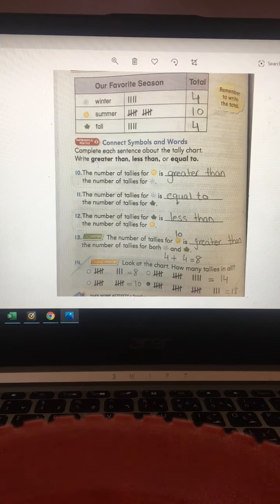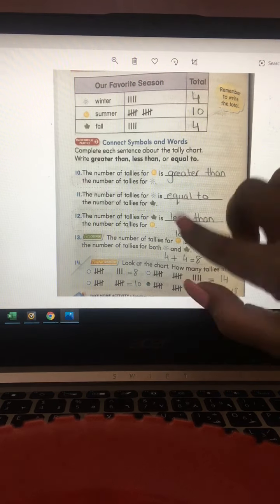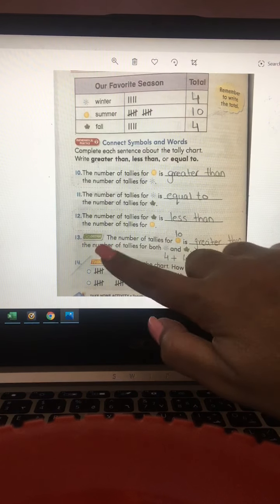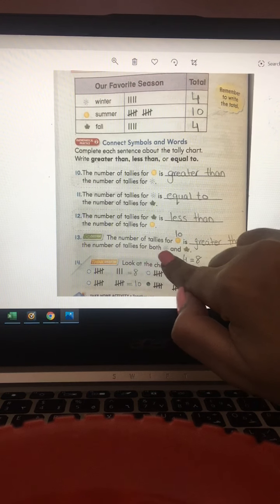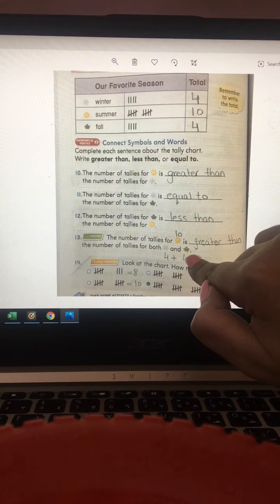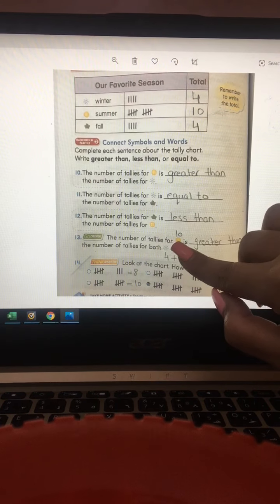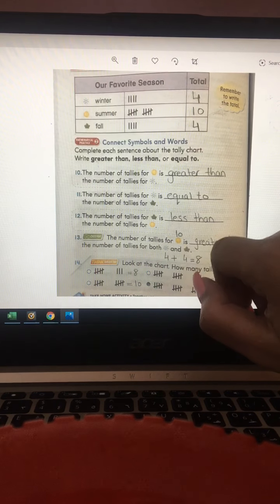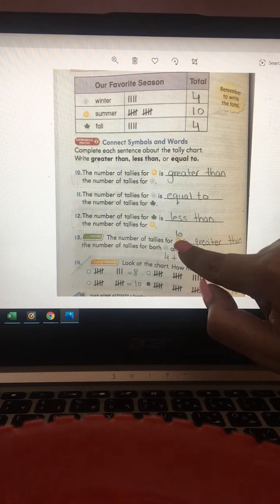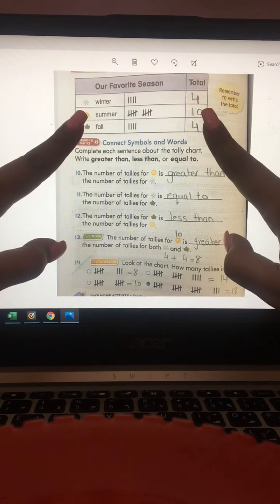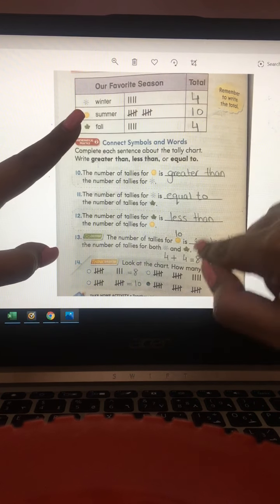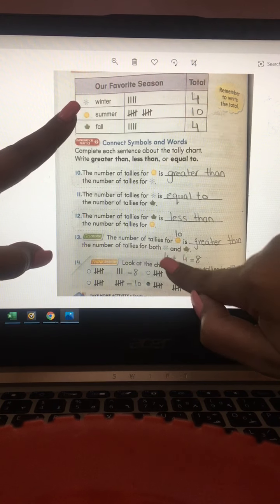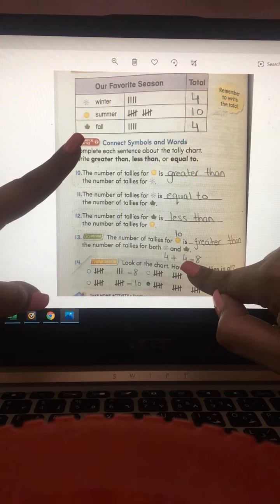The number of tallies for summer is what to the number of tallies for both winter and fall? Now we are going to compare the summer season with both the winter and the fall seasons. The number of tallies for summer is 10. The number of tallies for winter is 4, and for fall is also 4.